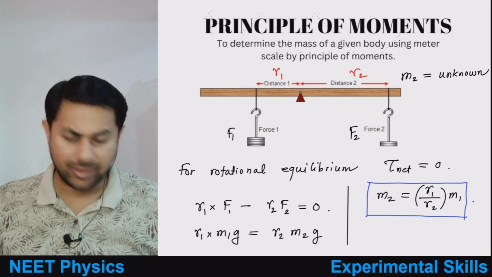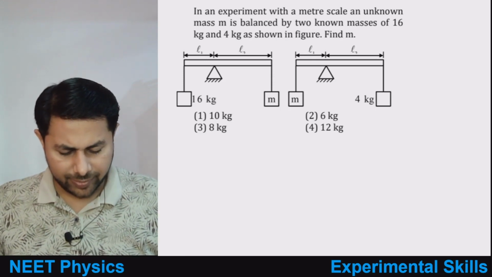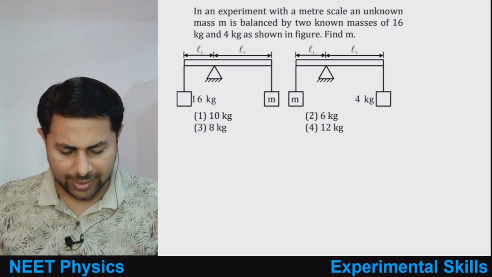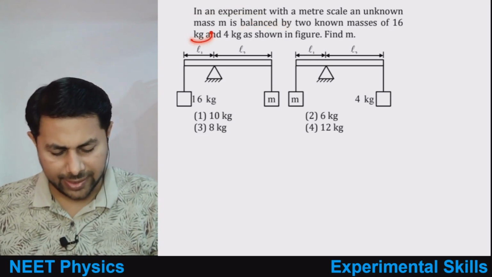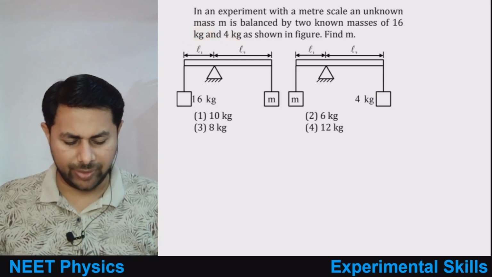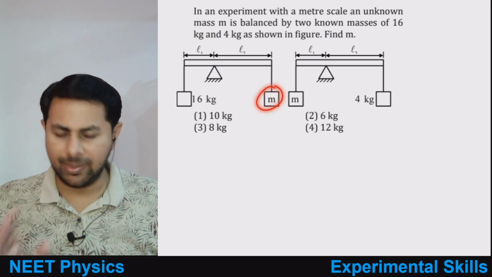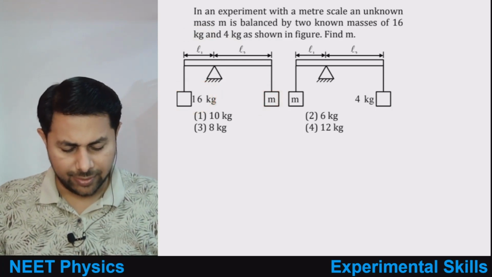Okay, so let us see a problem based on this. In an experiment with a meter scale, an unknown mass m is balanced by two known masses of 16 kg and 4 kg as shown in the figure. In the first one, this mass m is unknown, and it's balanced by 16 kg.